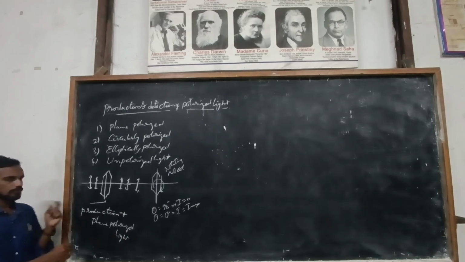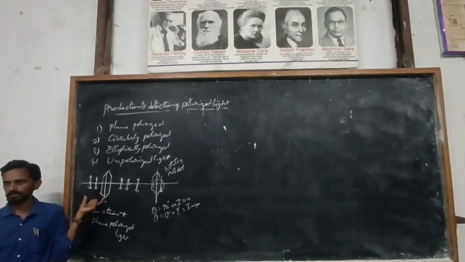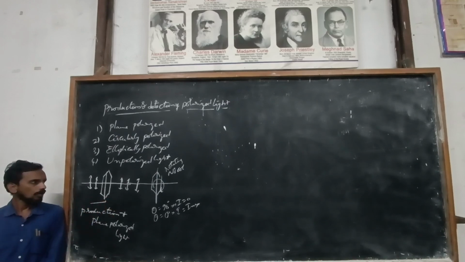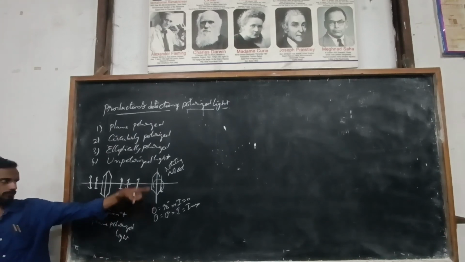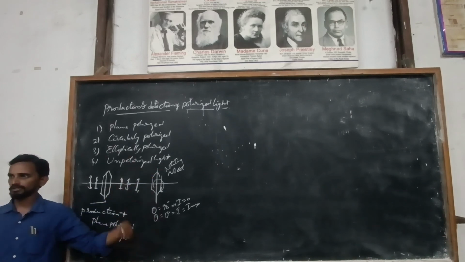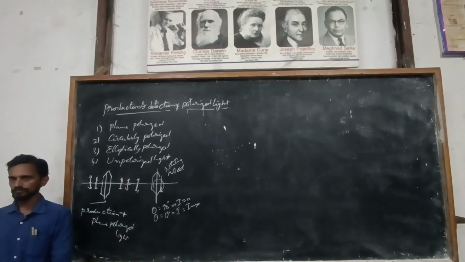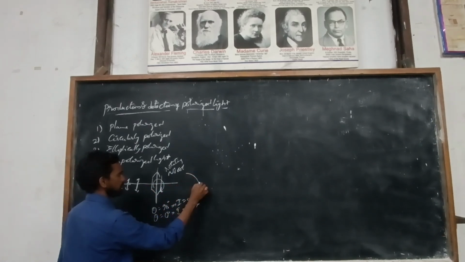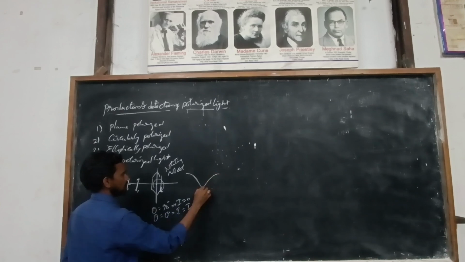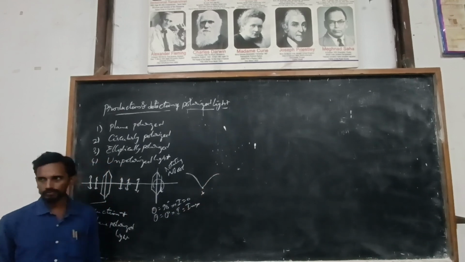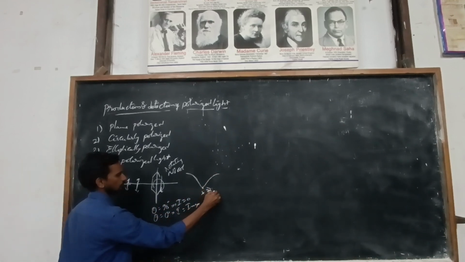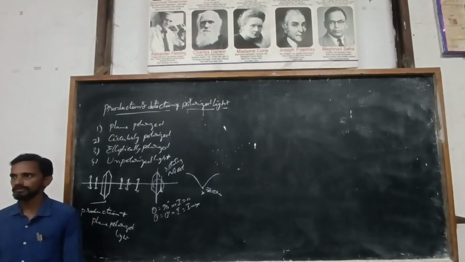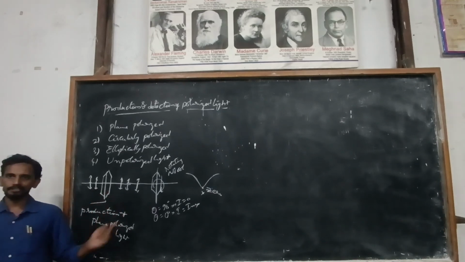So when light passes through a Nicol prism, plane polarized light is generated. And when it again passes through the same Nicol prism with 360 degrees rotation, as you keep rotating that Nicol prism, there will be fluctuations in intensity. If that intensity becomes 0 at any point, then the incoming light is plane polarized.